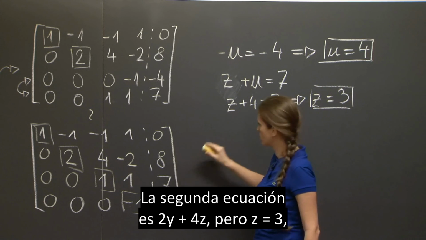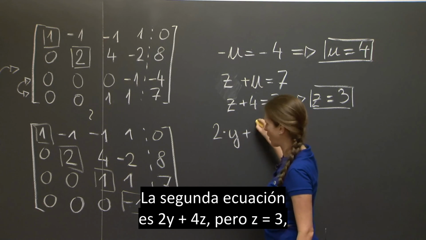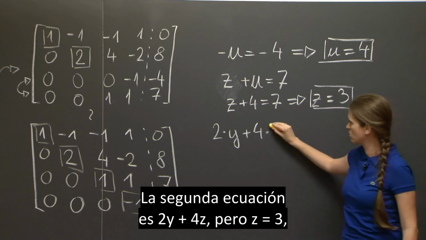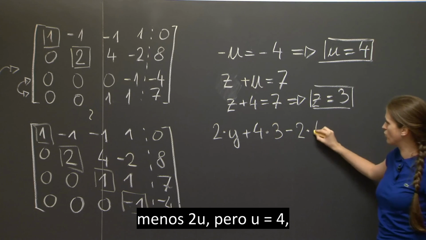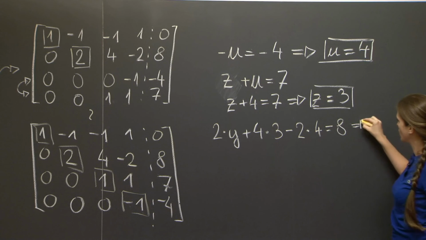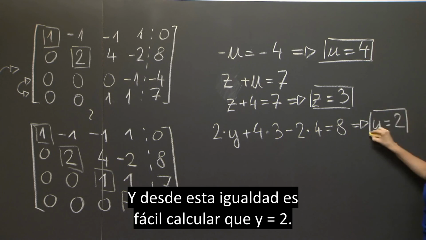The second equation is 2 times y plus 4 times z, but z is 3, minus 2 times u, but u is 4, equals 8. And from this one can easily compute that y is equal to 2.